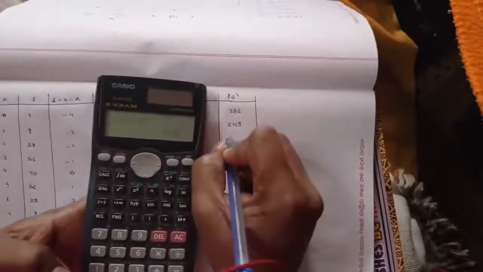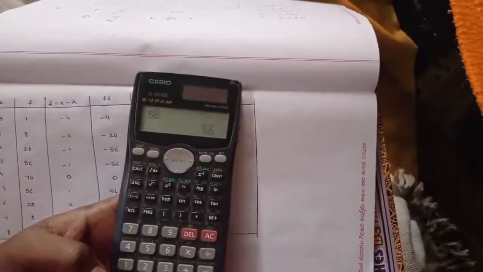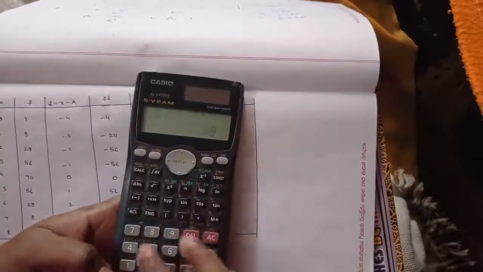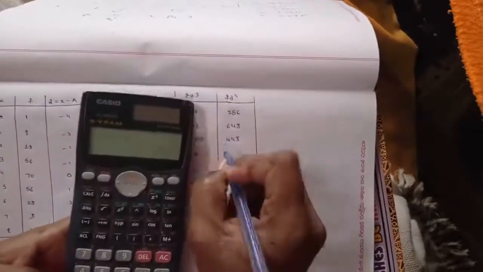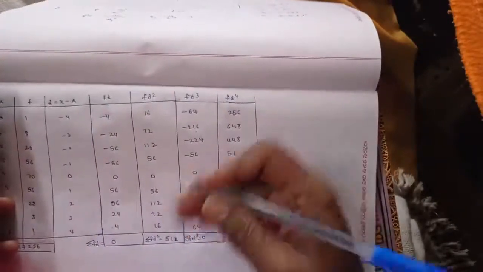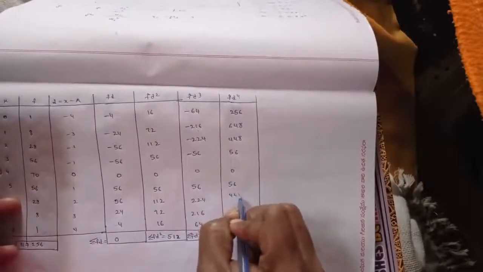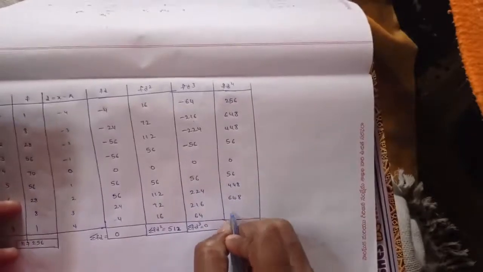Next 28 and minus 2, 448. Next 56 and minus 1 is 56. The remaining is 0, and we write all the values based on the previous ones: 56, 448, 648 and 256. So let us sum up all the fd power 4 values.